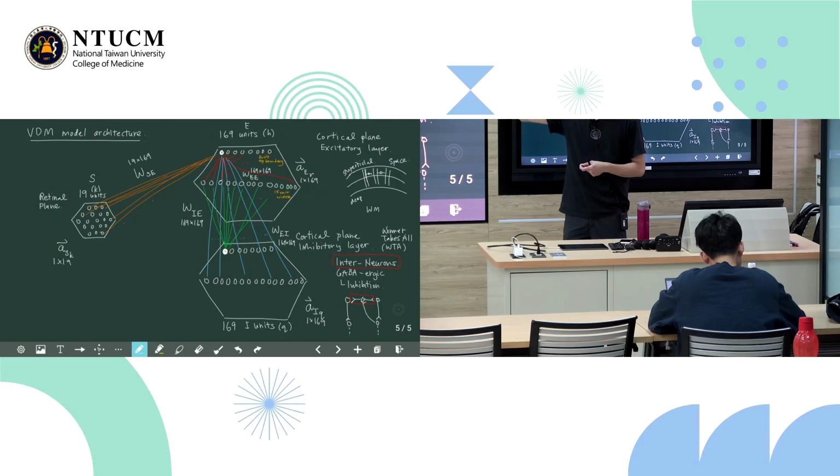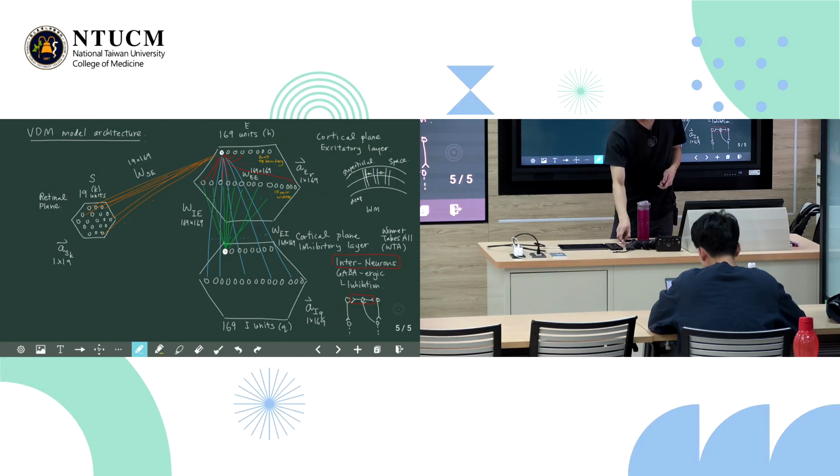You set up a retinal plane, okay, 19 units. Then after that, you have an excitatory layer in the cortical plane, which is the V1 or the striate region, and it has 169 units.